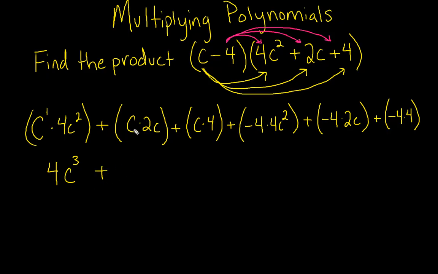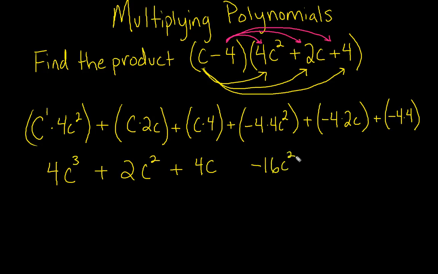Moving along here, c times 2c, 1 times 2 is 2, c times c is c squared, and keep moving along. Multiplying these two doesn't really change much. We just kind of squeeze them together to give us 4c. Here we have plus a negative 4 times 4c squared. Again, multiply the two numbers together, gives you negative 16.